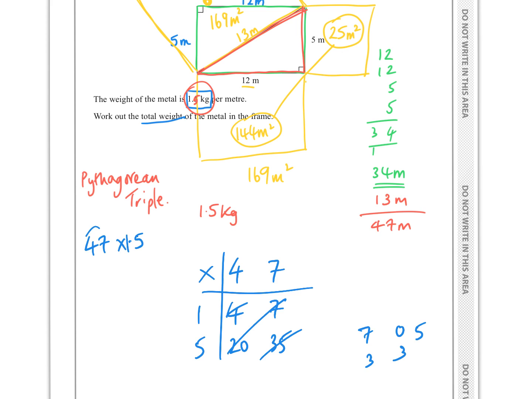So we know that it's roughly 47 times, say, 2. 47 times 1 would be 47, 47 times 2 would be 94, so we're looking for a number between 47 and 94. Well, it's not 705, it must be 70.5. So the total weight of the metal in the frame is 70.5 kilograms.